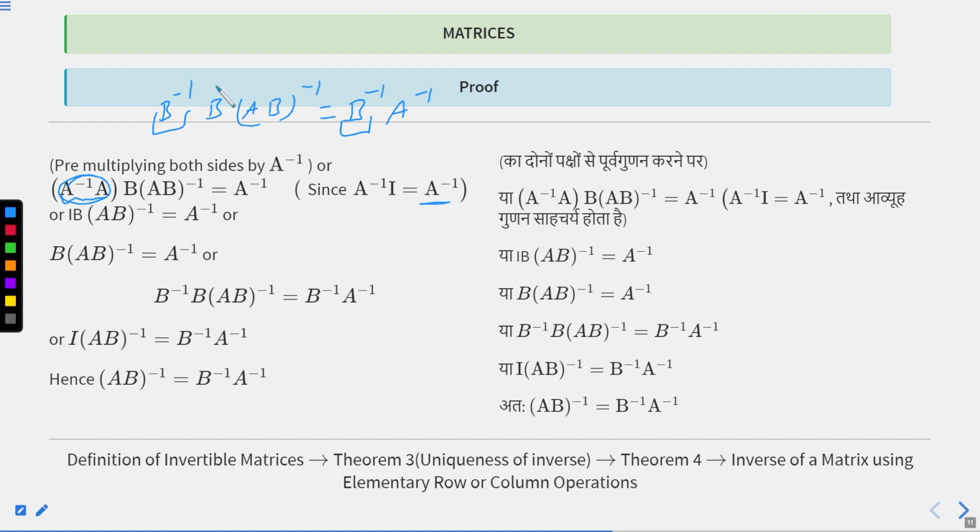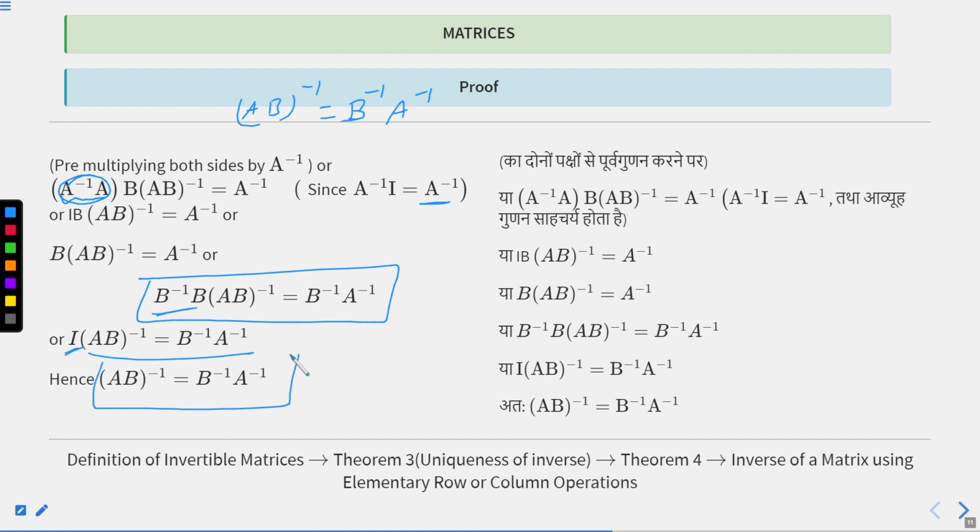So B inverse pairing with this will give me the identity matrix like this, and this will be this thing. As you can see, this will be I, the identity matrix. Hence you showed that (AB) whole inverse is equal to B inverse A inverse.